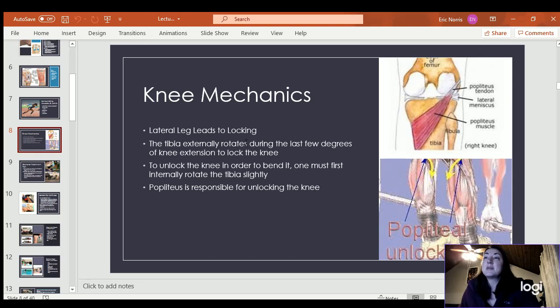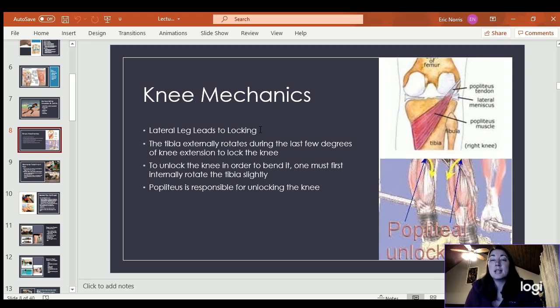All right, with the knee mechanics. So lateral leg leads to locking. Whenever you're standing and you fully extend the leg, the tibia itself rotates externally just slightly. So just a slight external rotation of the tibia itself, and that locks the knee. It's during just the last few degrees of extension.